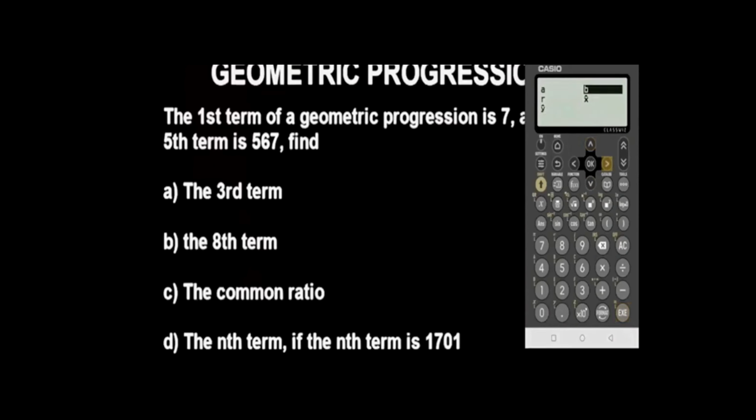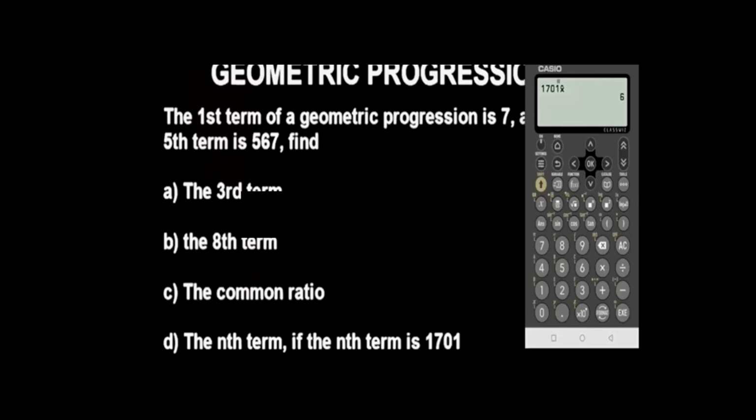So this is the symbol for n term. Press execute. We have to find the n if the term is 1701. So press execute. 6 is the nth term. Let me show you how to verify this. If we find the 6th term now, we're going to get 1701.